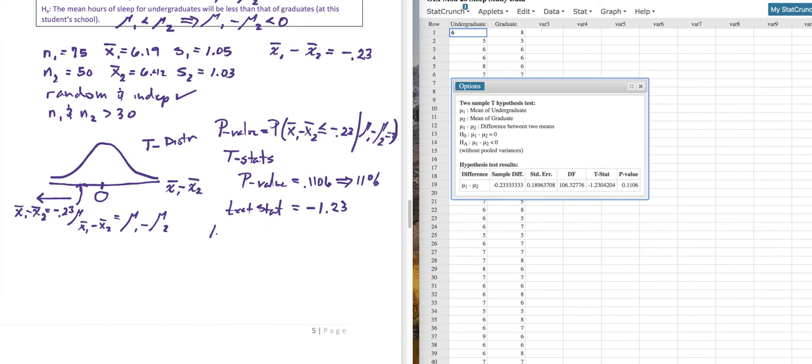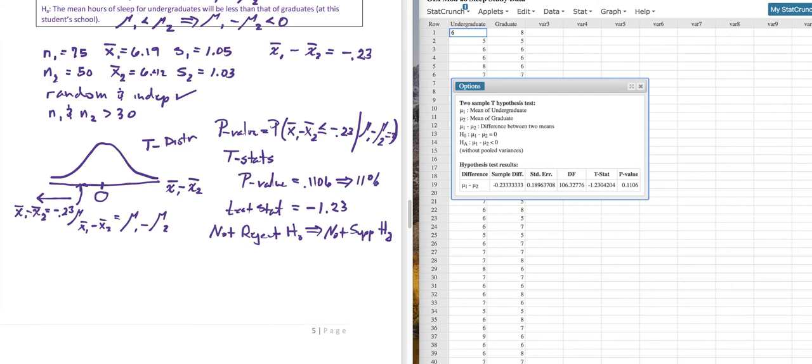So this would lead us to not reject our null hypothesis, which then means we do not support our alternate hypothesis. Okay, so that's the end of step 3.